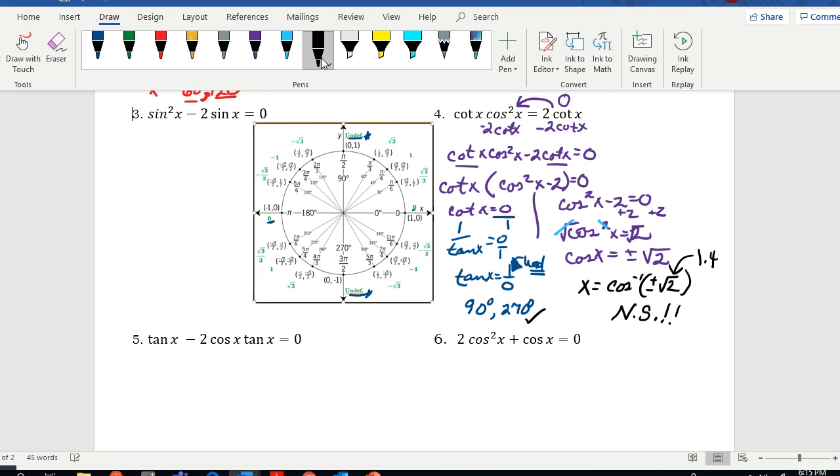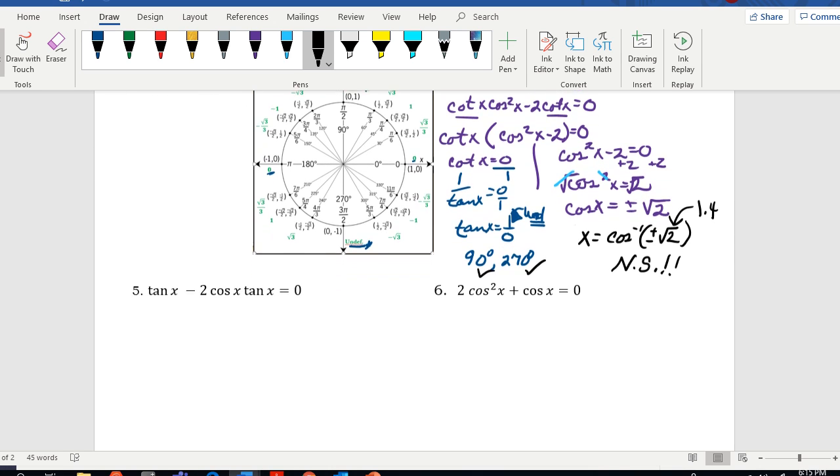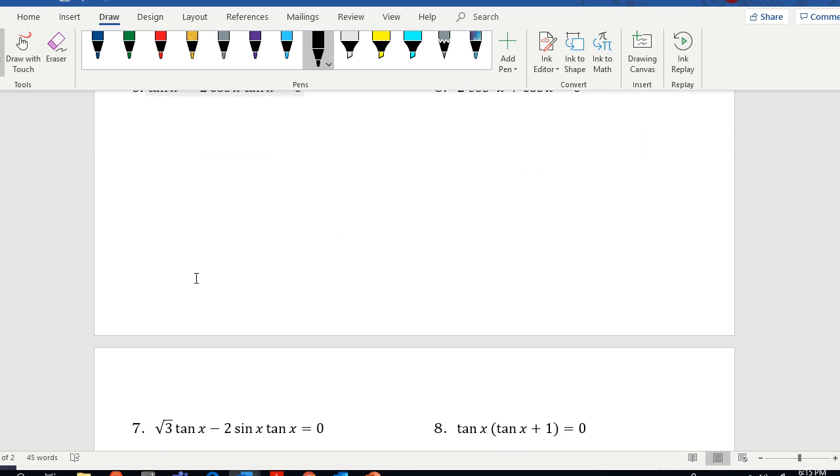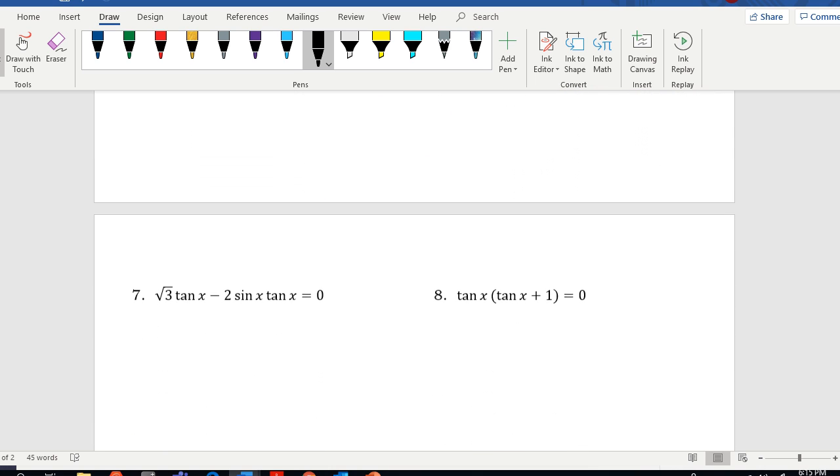So we do have two solutions, 270, that's not 278, by the way, and 90. There we go.